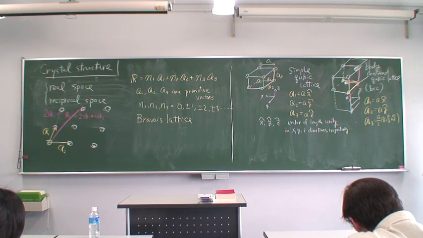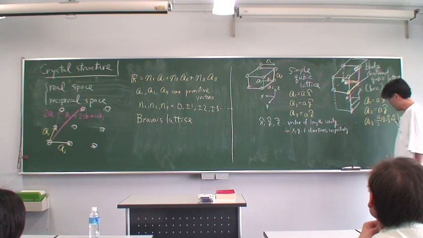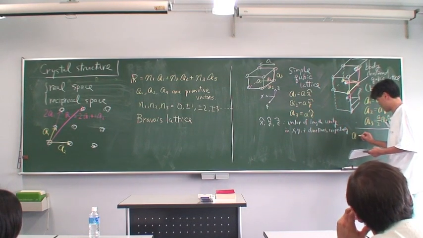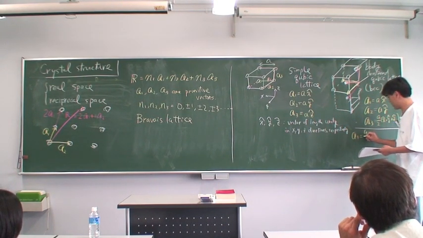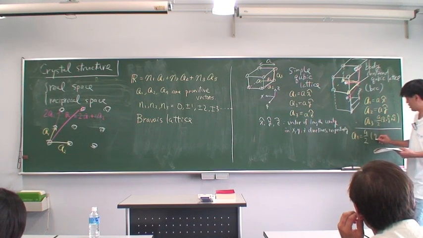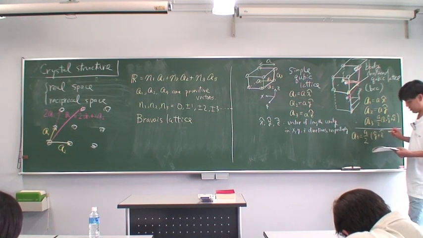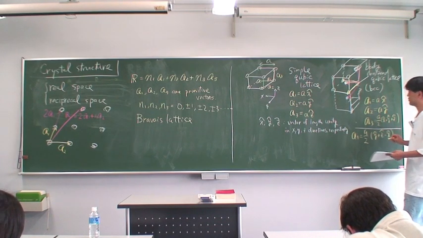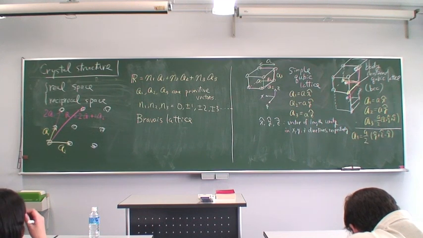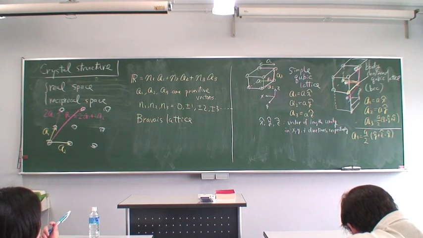This is now very messy, but if I choose vectors like that, then I get A1 equals A over 2, Y plus Z minus X. So where is this? Minus X, I don't have minus X here. Do I have minus X? No, I don't.